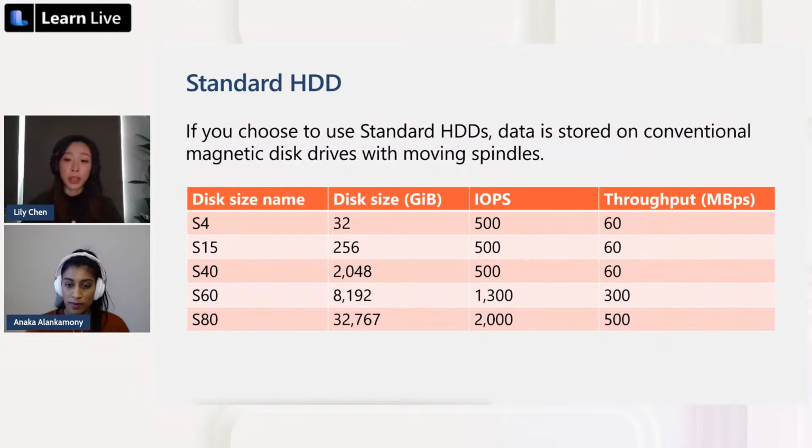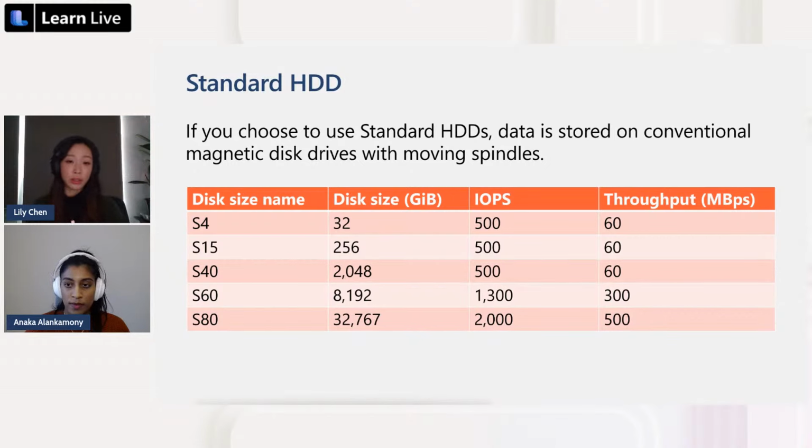The last type of managed disk is our standard HDD product. HDD stands for hard disk drive, which means that if you do choose standard HDDs, data is actually stored on conventional magnetic disk drives with physical moving spindles. Performance and speeds are more variable than for SSDs, but latencies offered by standard HDD is still under 10 milliseconds for write operations and 20 milliseconds for reads.